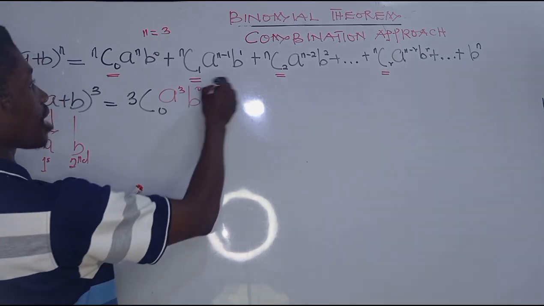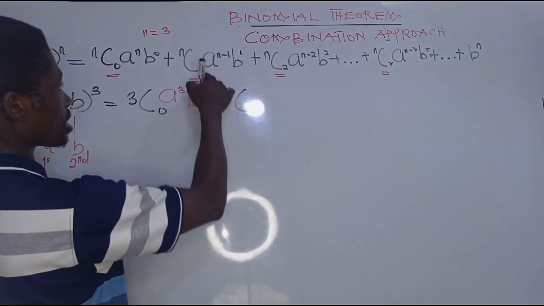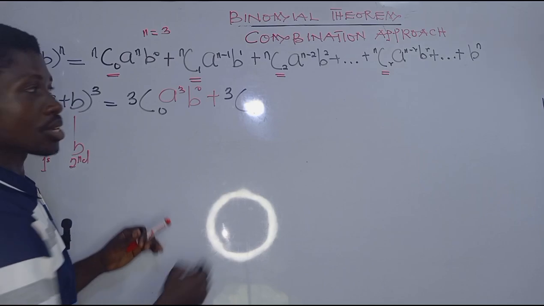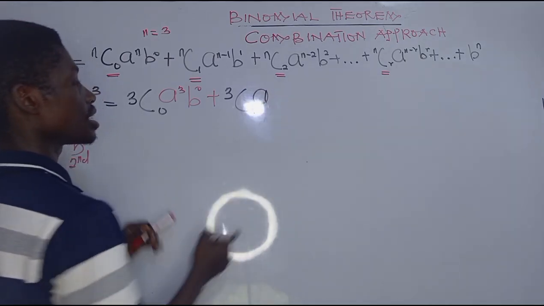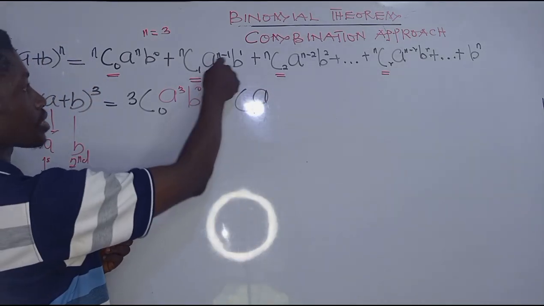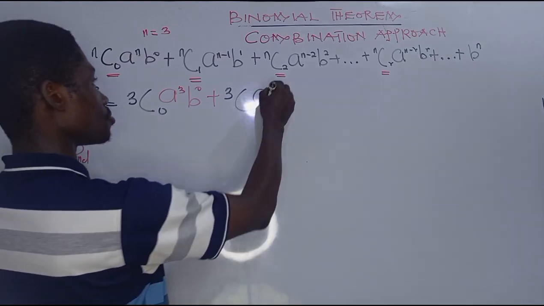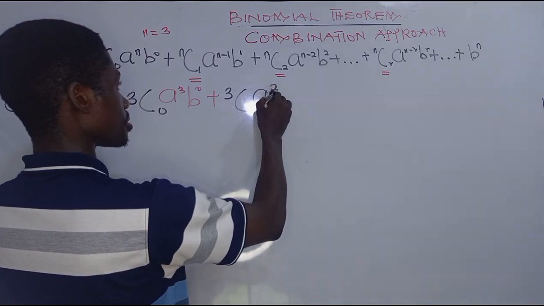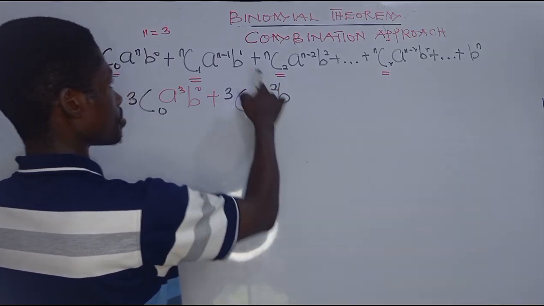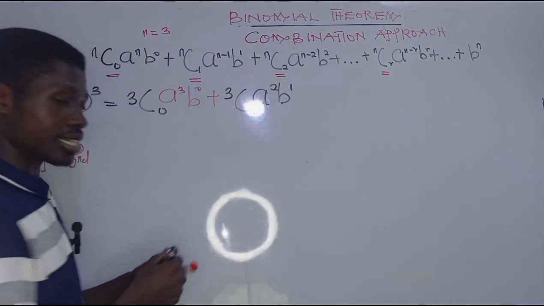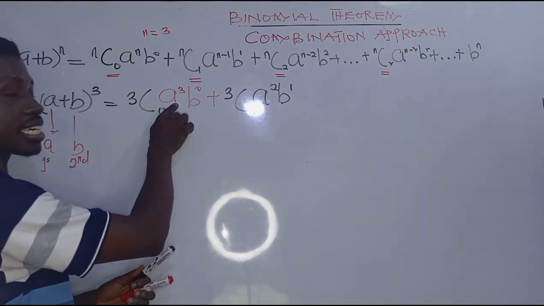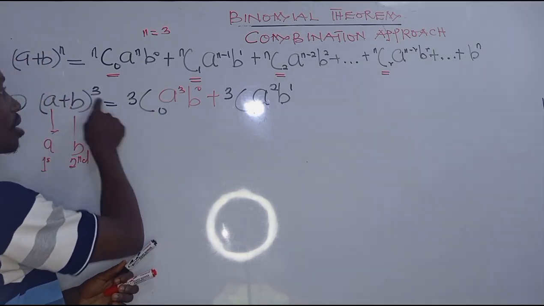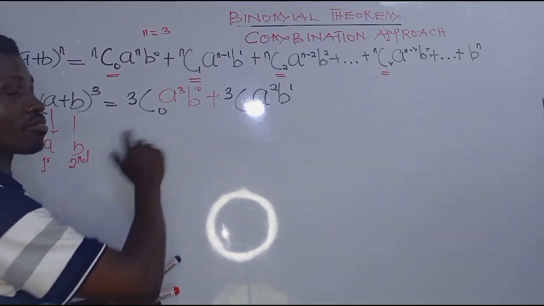And then we have n is 3, combination 1. We have A raised to the power n is 3, so 3 minus 1 will give us 2. And then we have our B raised to the power 1. So as I said earlier on, the first term takes the whole of the power, while the second term takes a power of nothing.